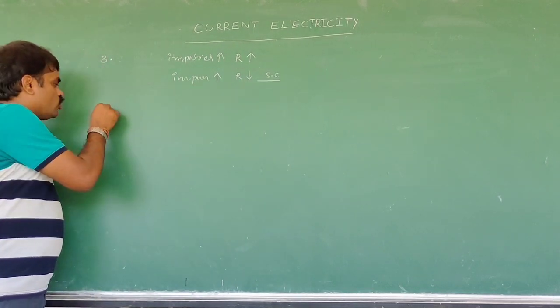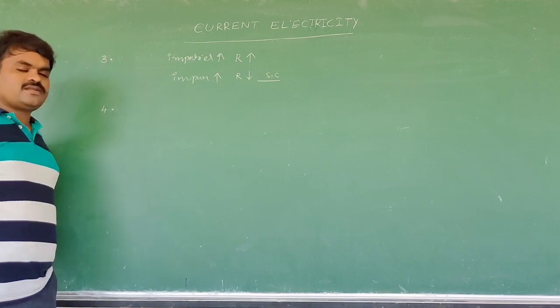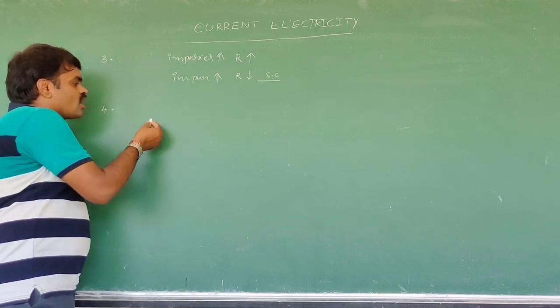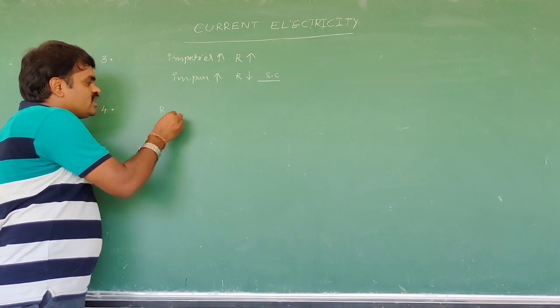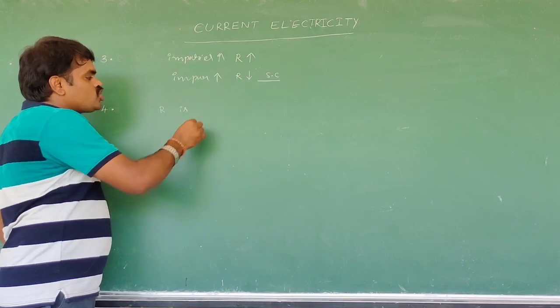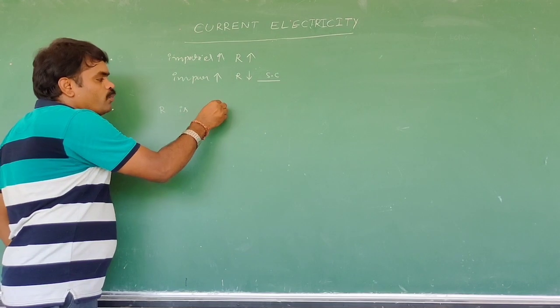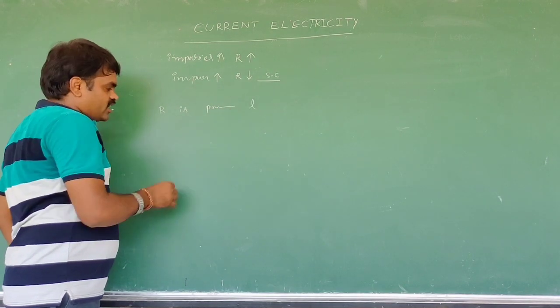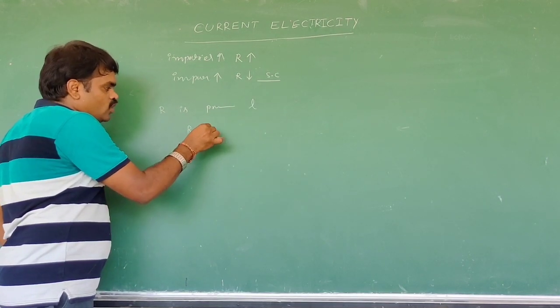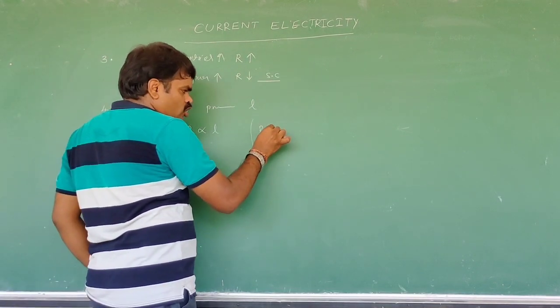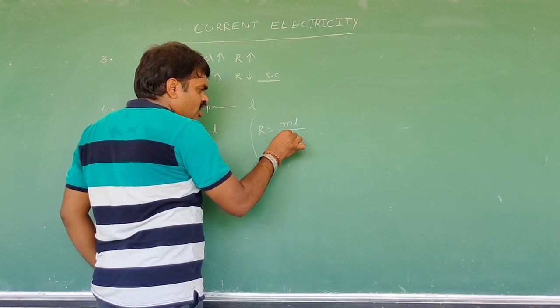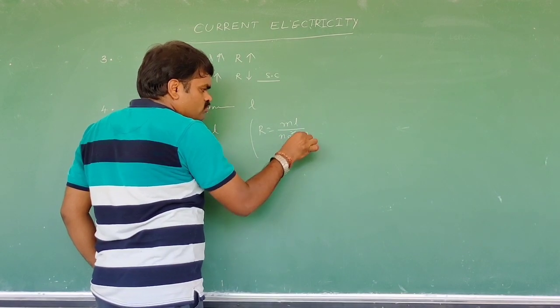Now going to the fourth one. Resistance R is proportional to the length of the conductor. We know that the formula of R is equal to ml by ne²Aτ.